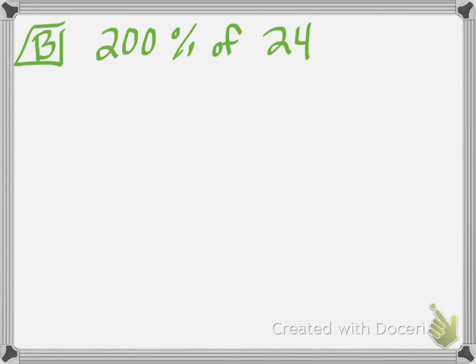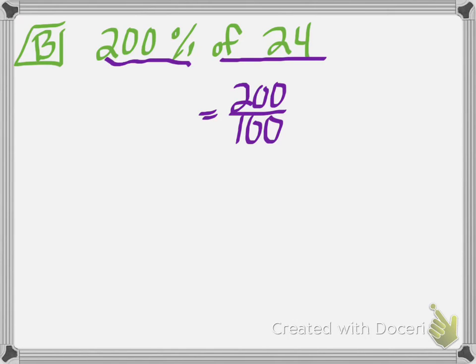Let's do example B, 200% of 24. Again, here's that word of, and there's the percent. So my percent will always go over 100, and of is the denominator, so I'm going to put 24 in the denominator, and the missing number here is x.